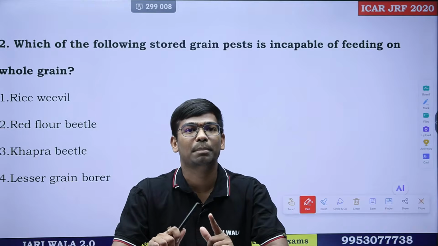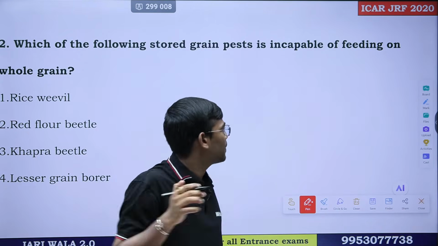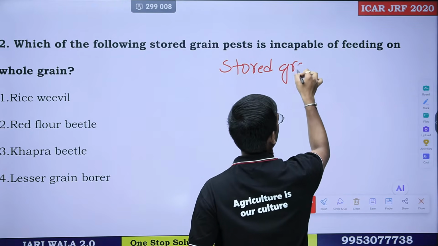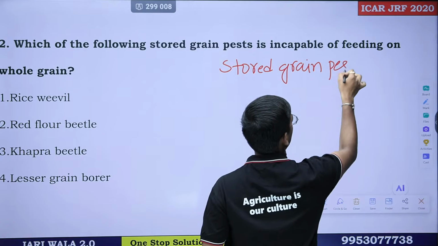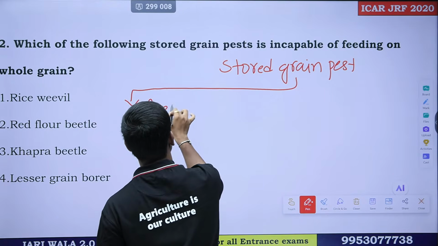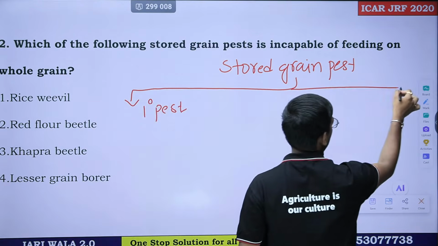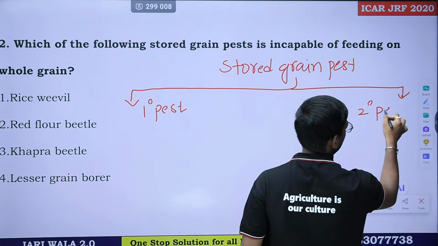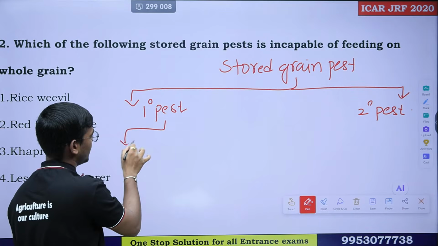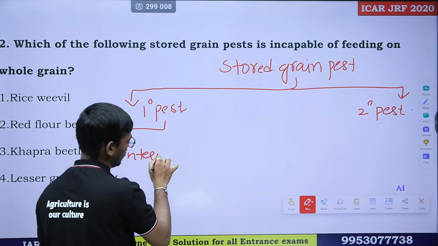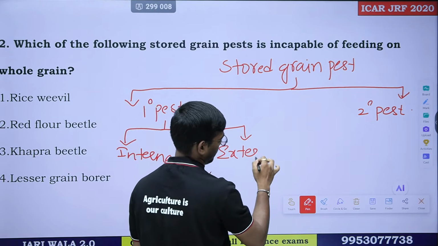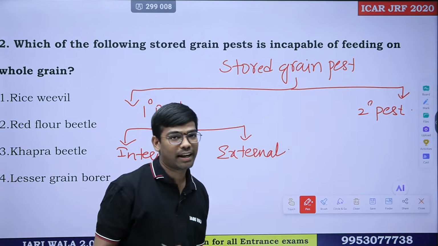We will have the primary pest and secondary pest, and again in primary we are having the internal and external feeders.